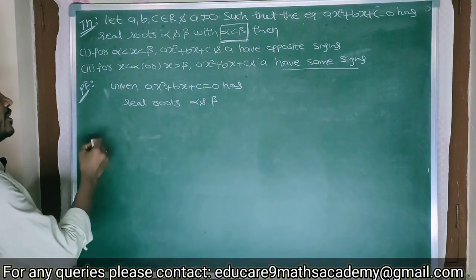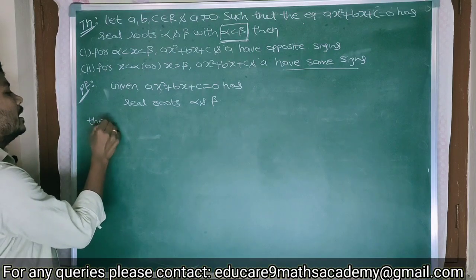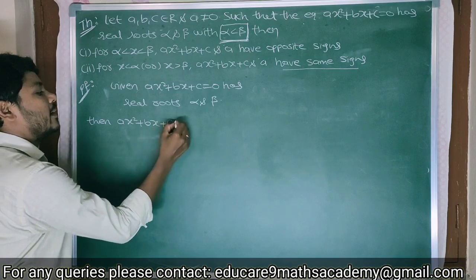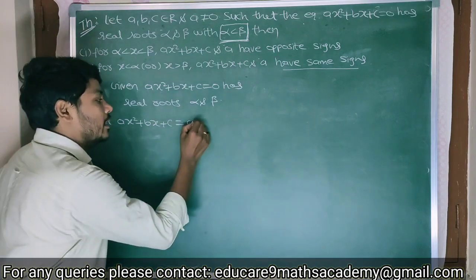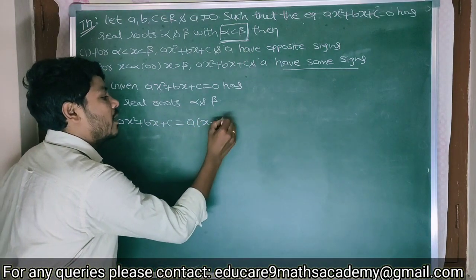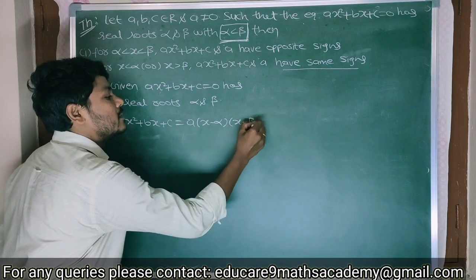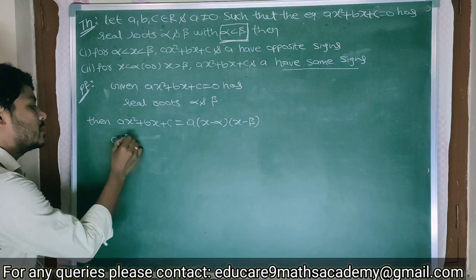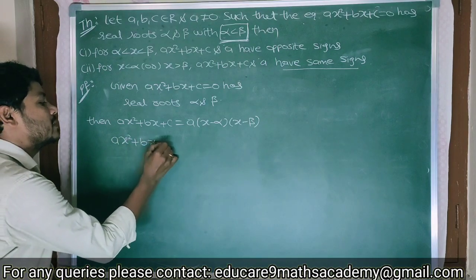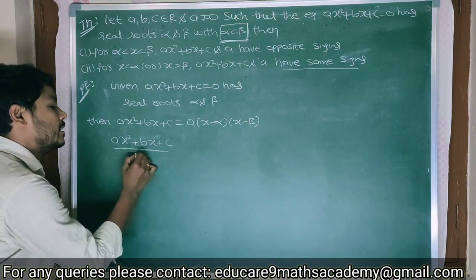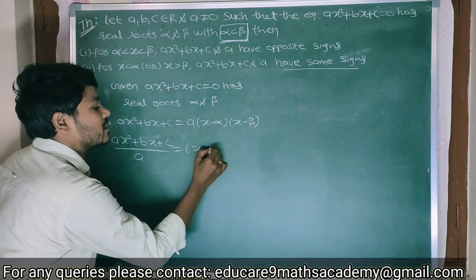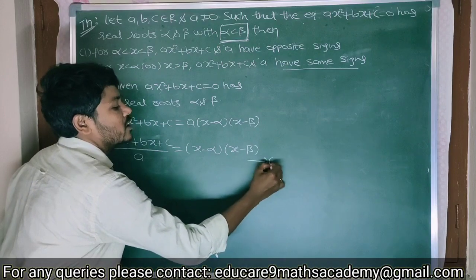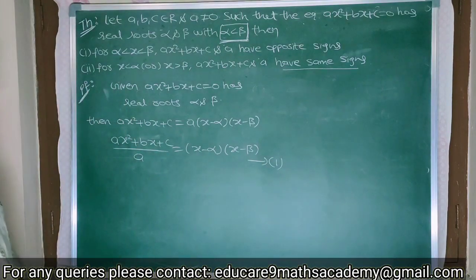Then ax square plus bx plus c is a into x minus alpha into x minus beta. Again, this can be written as ax square plus bx plus c by a is x minus alpha into x minus beta. This is equation 1. Now see the first case.